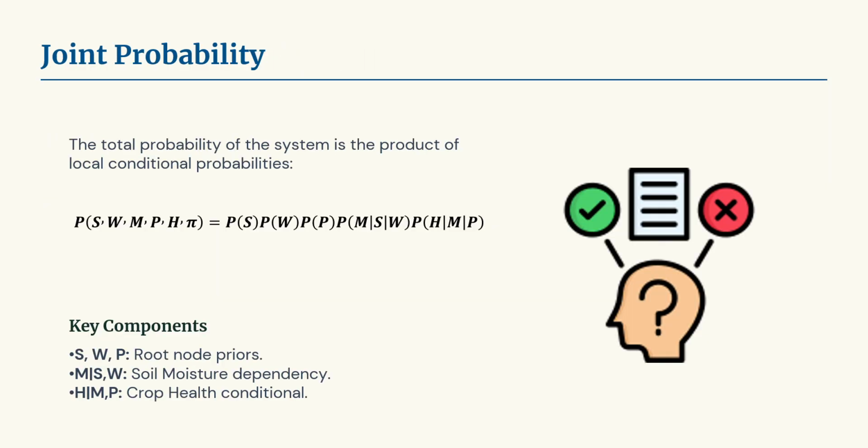Mathematically, the total joint probability of the gardening system is the product of local conditional probabilities, as shown in this formula. Here, S, W, and P are our root nodes, and M given S and W represents the soil moisture dependency, and H given M and P dictates the final conditional state of crop health.